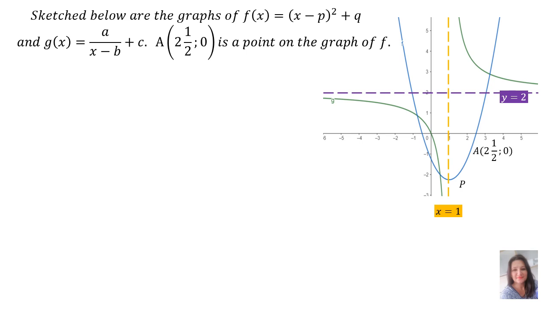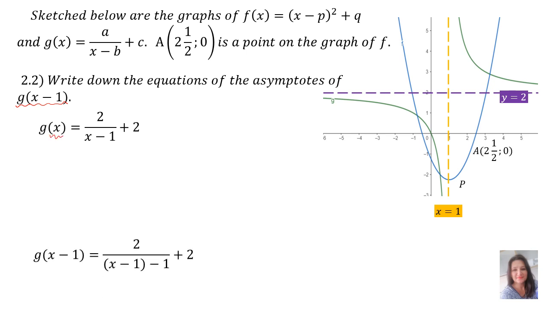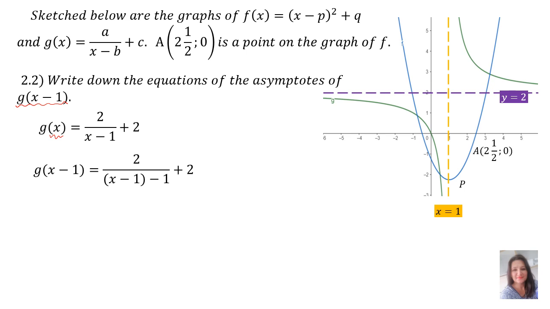Now the next question says, write down the equations of the asymptotes of g(x minus 1). Now this g(x minus 1), this is a new graph, and we use the old one. g of x is equal to 2 over x minus 1 plus 2. And what we do is, inside x's place, we substitute x minus 1.